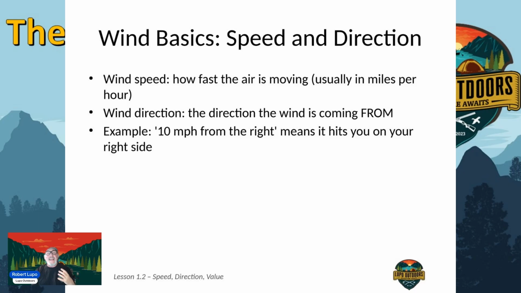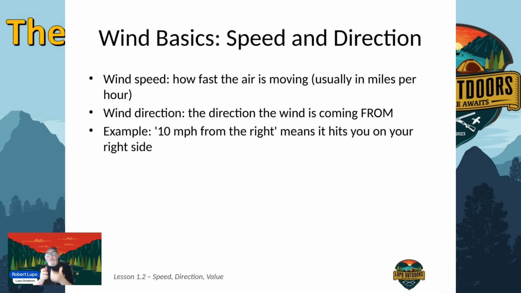If I say 10 miles per hour from the right, that means the wind is blowing from my right side towards my left, and it's going to push the bullet to the left. A common beginner mistake is thinking about where the wind is going instead of where it starts. Always think: coming from where.